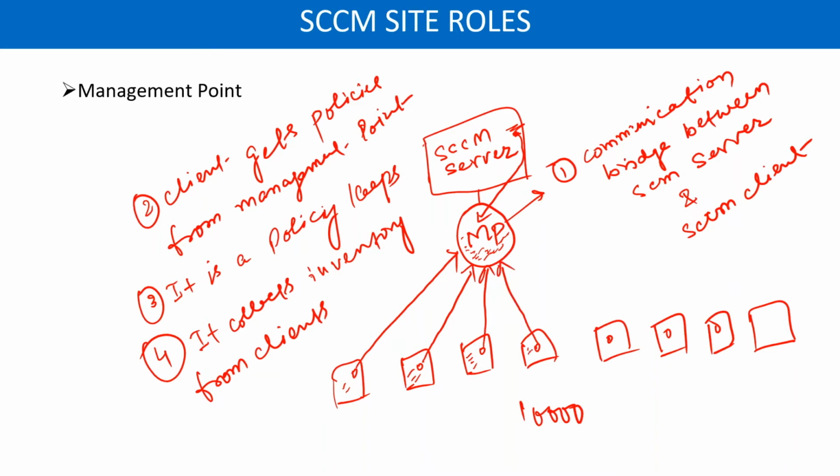All the clients will send the information to the management point. Now this computer does not have any client, so it will not be able to talk to the management point. Once the client is installed, then only it will be able to talk to the management point. Until you have the client, it will not talk to the server. So it collects inventory from client computers.